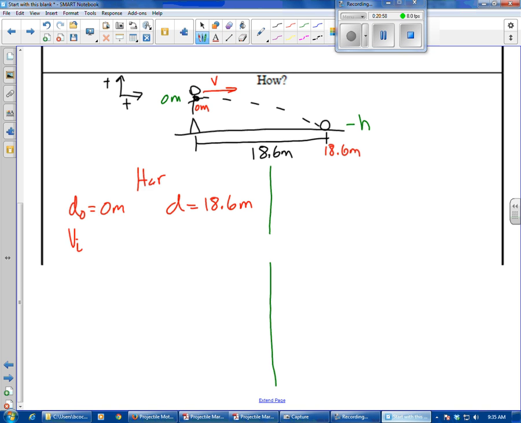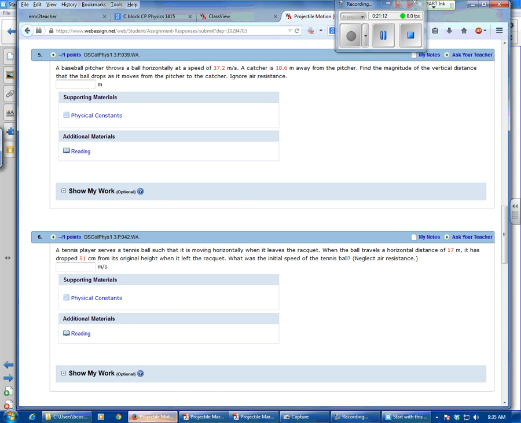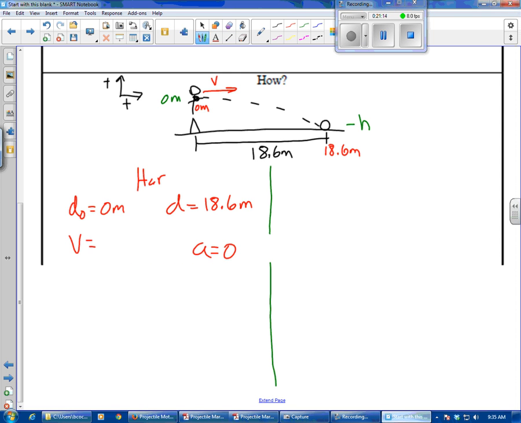V initial horizontally. Oh, wait a minute. It doesn't accelerate horizontally, so that's just v, because the acceleration horizontally is 0. What did they tell me that was? 37.2 meters per second. Time, I don't know.